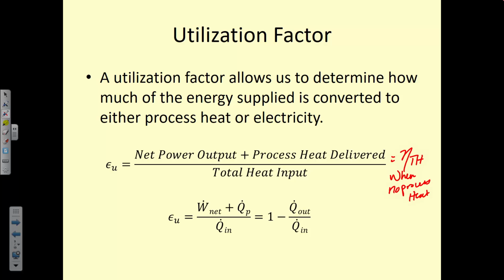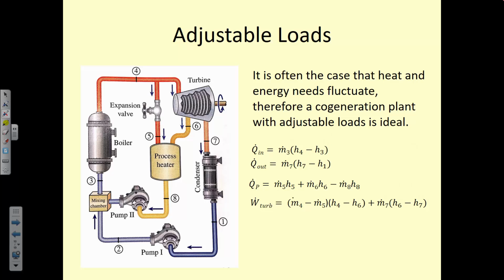So you can see that at the net power output, if we get rid of the process heat, then it's just the same as the thermal efficiency. But when we're looking at generating electricity and/or generating heat, we use the utilization factor because it accounts for both of those energy terms, because now heat is useful for us.